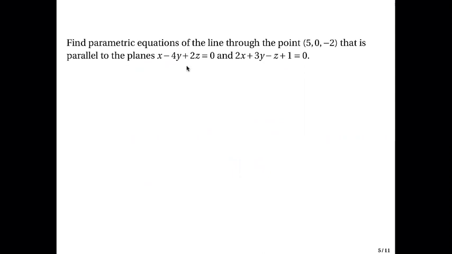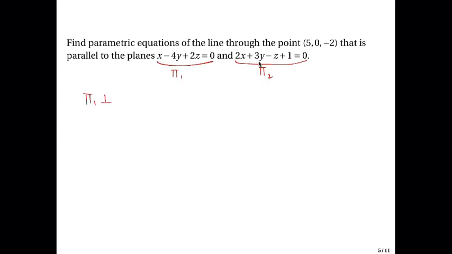So, parallel to these planes, it means that the line is perpendicular to the normal vectors of these two planes. Okay? So if we label this as our plane 1 and this guy here as our plane 2, we have pi 1.